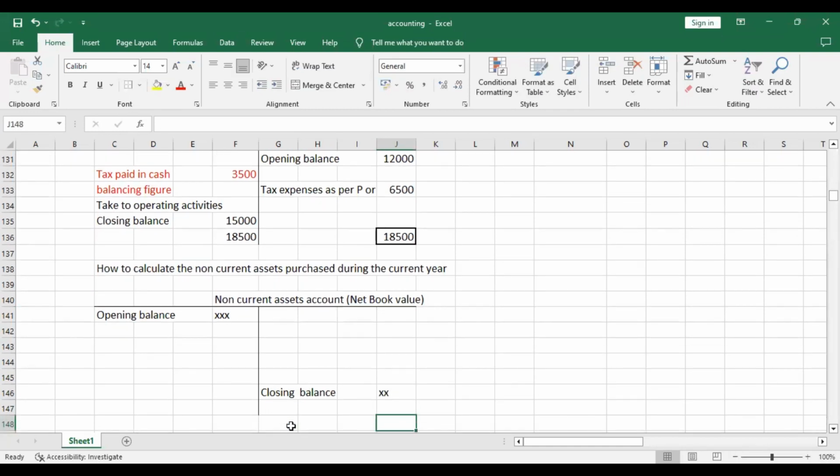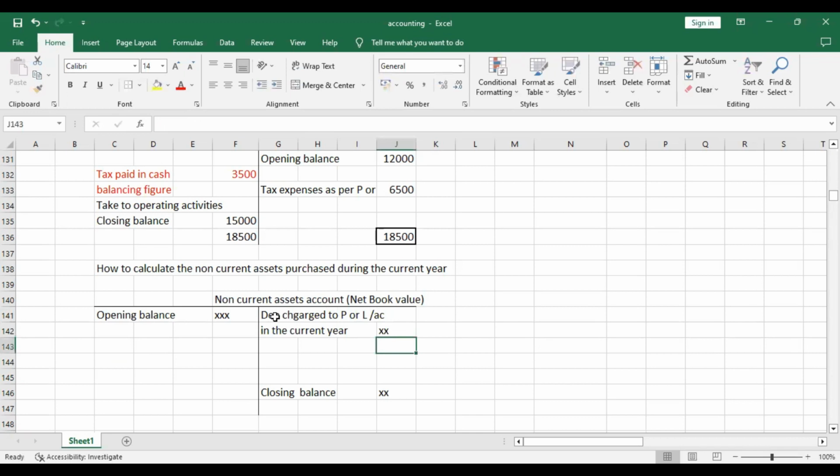Then what do you need to credit to the non-current asset account? Normally, depreciation charged to the P&L account in the current year. That you need to credit.